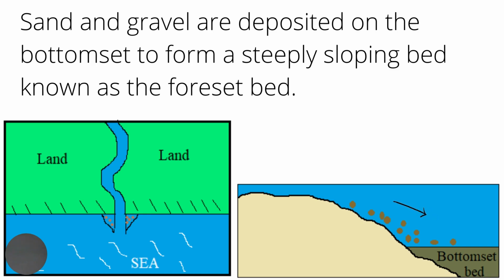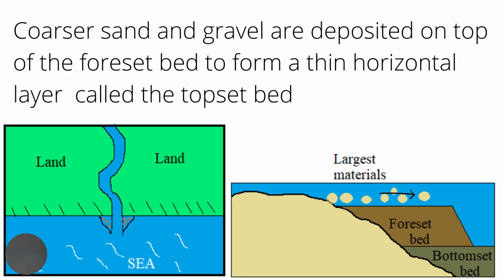After the bottom set bed has been formed, then we will find fine sand and gravel being deposited on the bottom set, creating a steeply sloping bed known as the foreset.